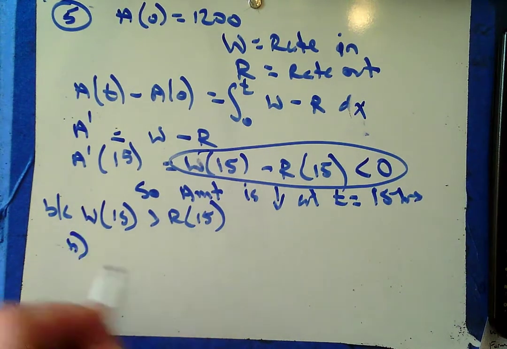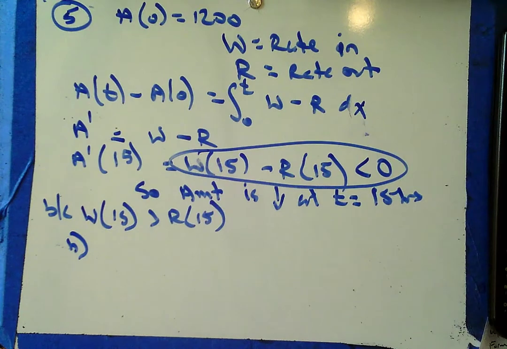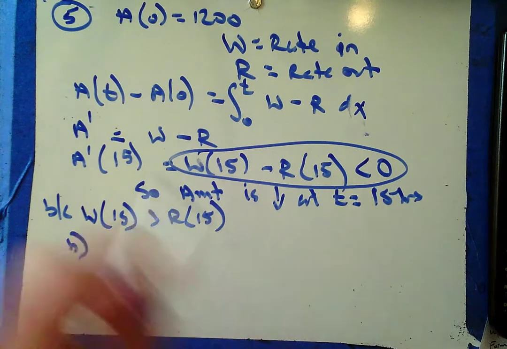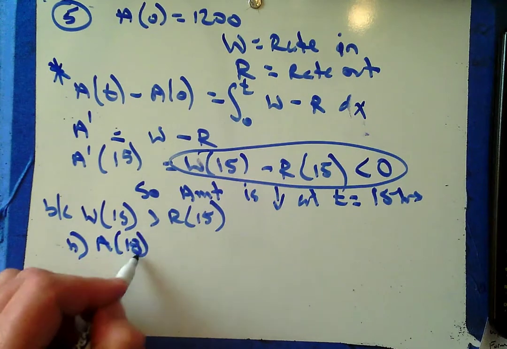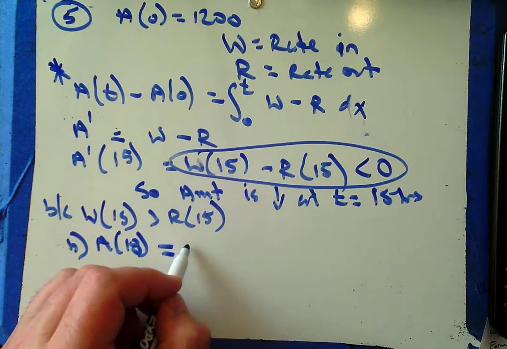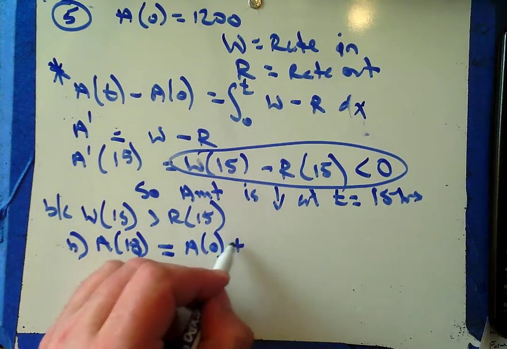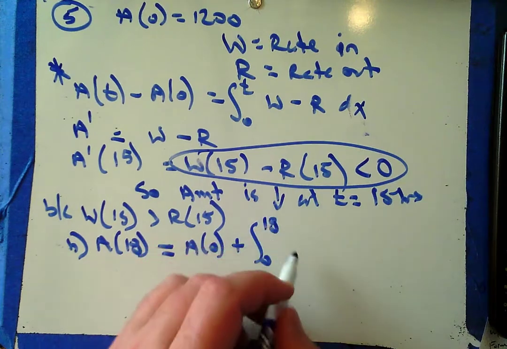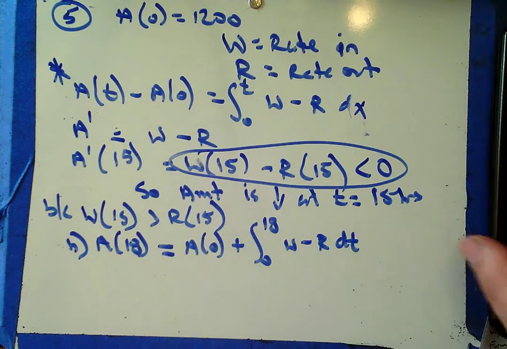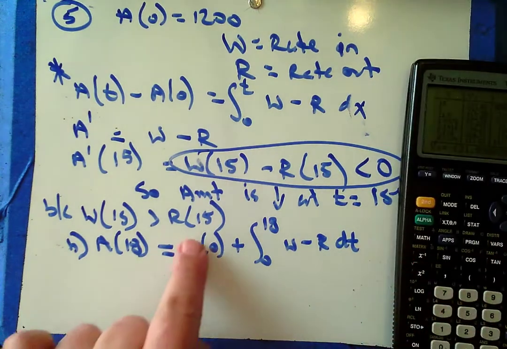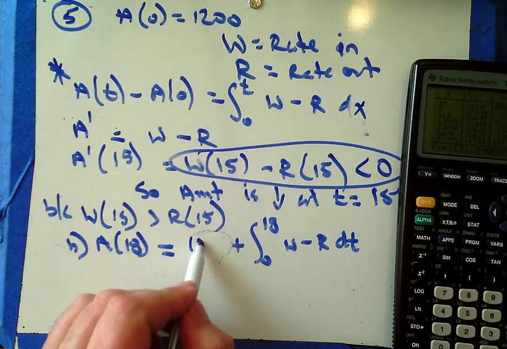Part B, to the nearest whole number, how many gallons are in the tank at time equal to 18? Here's our amount function. A of 18 equals A of 0 plus the integral from 0 to 18 of W minus R dt. So we've got 1,200 gallons here.